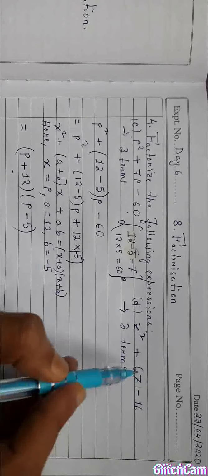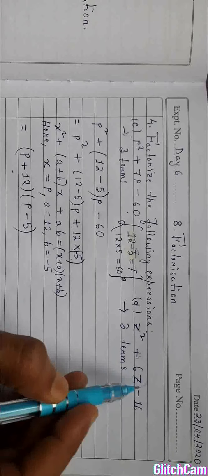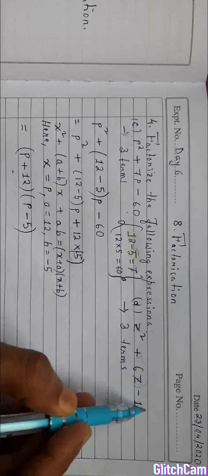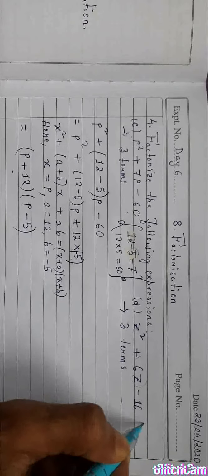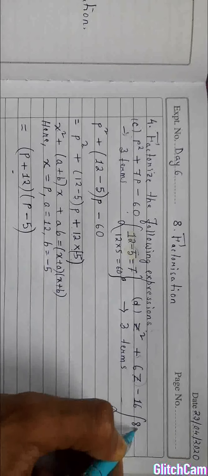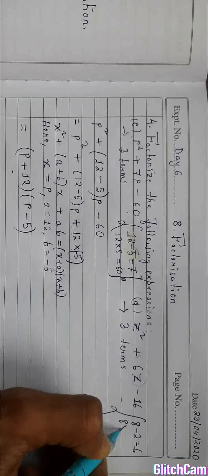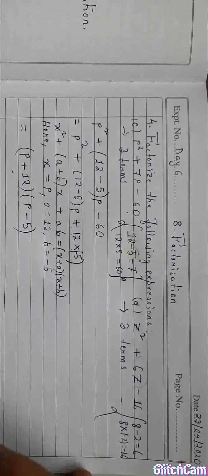We'll try to split 6z in such a manner that if we add or subtract two numbers we get 6z, and if we multiply those two numbers we get minus 16. So we can take those two numbers as 8 minus 2 is 6, and 8 into minus 2 is equal to minus 16.